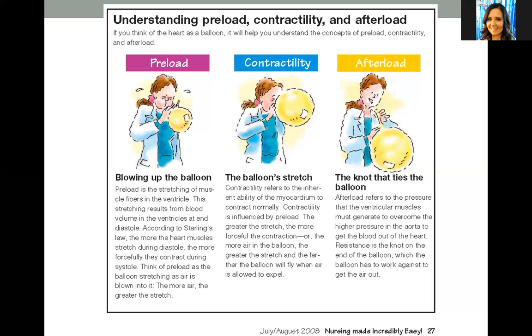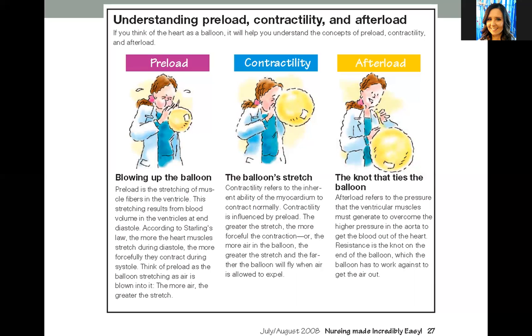So if we're vasoconstricted, that left ventricle is going to have a harder time getting blood out, so it might increase our afterload. If we're vasodilated, that might decrease our afterload because that left ventricle is going to have an easier time getting blood out.